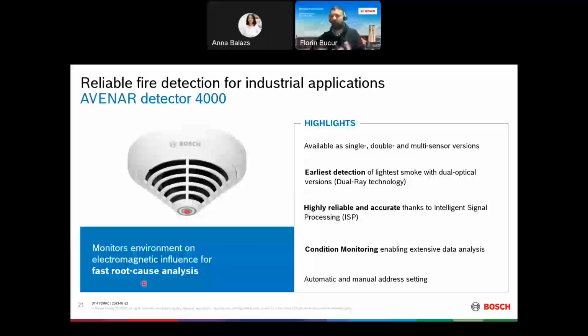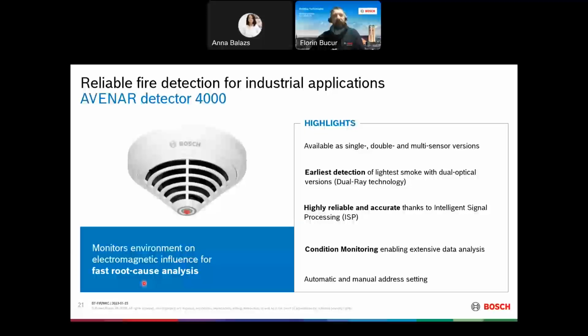Let's say you have a system that functioned properly, and suddenly after a while some detector starts to have false alarms. Then you can just check that detector. If it has a higher EM value, then you know that there's, for example, a new device that was mounted in an area that generates a high electromagnetic field and thus generates these false alarms.